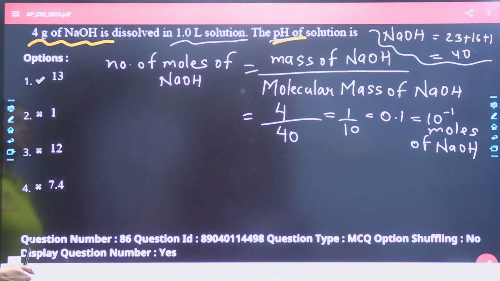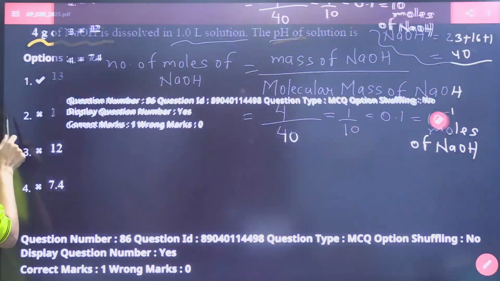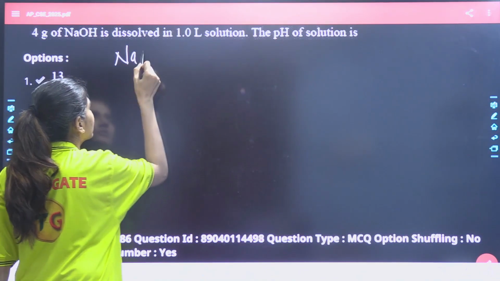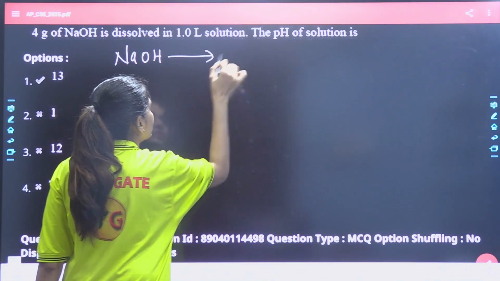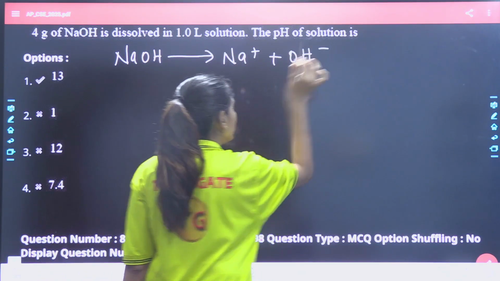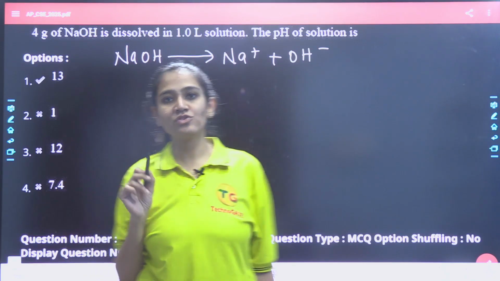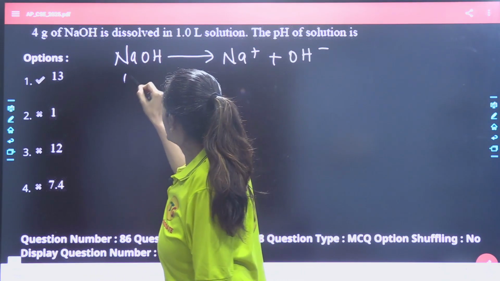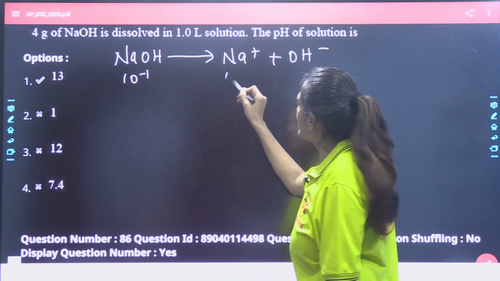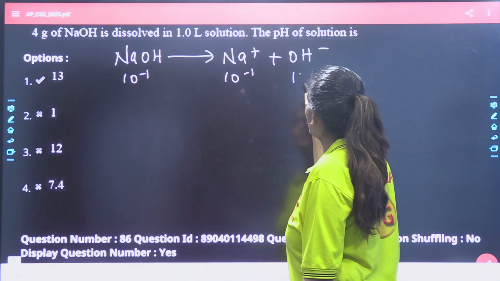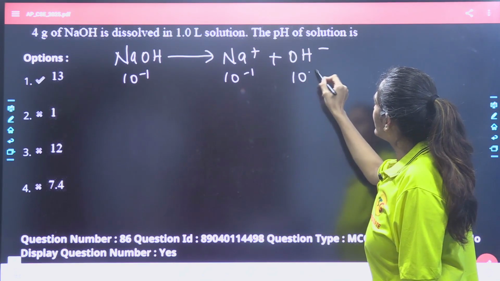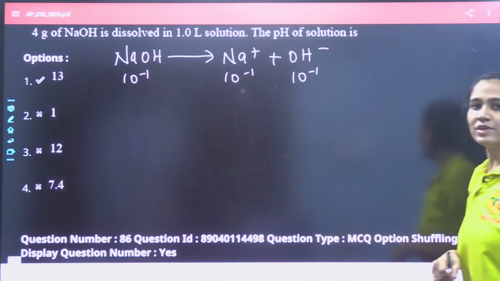Now, how would NaOH dissociate? It would dissociate to give Na plus and OH negative. We calculated 10 raised to power minus 1 moles of NaOH, so it would dissociate to give 10 raised to power minus 1 moles of sodium ions and 10 raised to power minus 1 hydroxide ions.